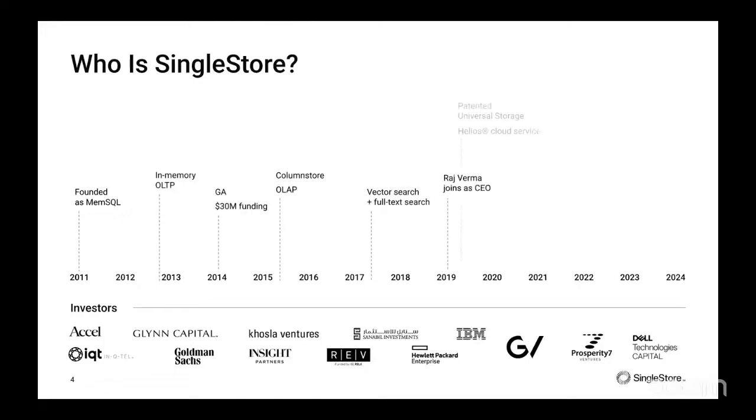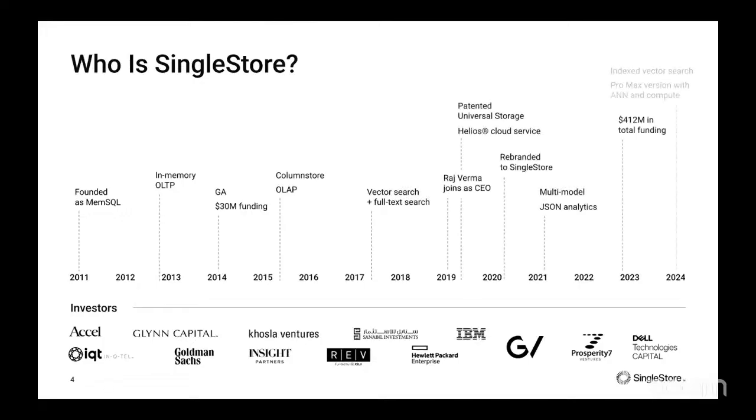SingleStore has a long history. It has evolved tremendously over the years, and it has a rich investor base as well. SingleStore started as MemSQL, which was initially operated as an in-memory row store, and it has evolved into adding column store capabilities.